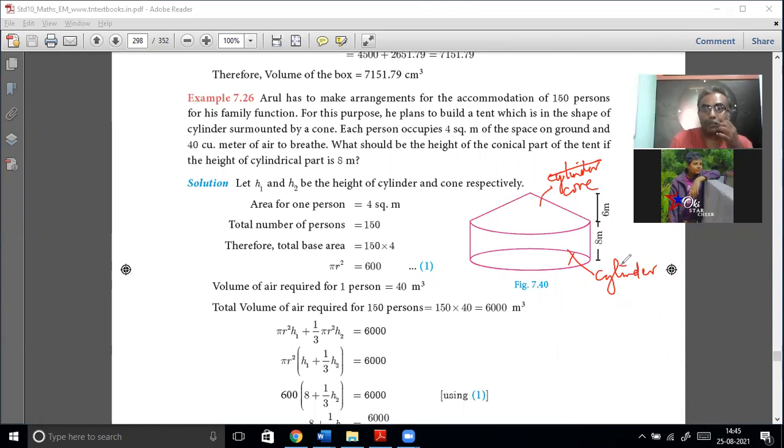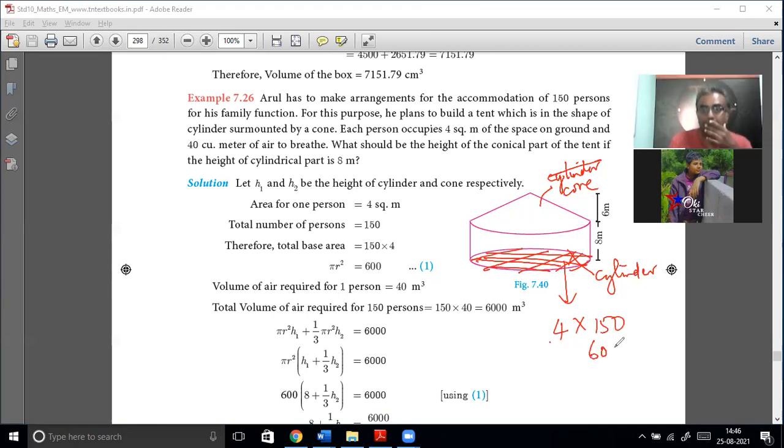Each person occupies 4 square meters of space on the ground. This is the space on the ground. This will not be covered. So space on the ground, each person occupies 4 square meters. How many people are there? 150 people are there.